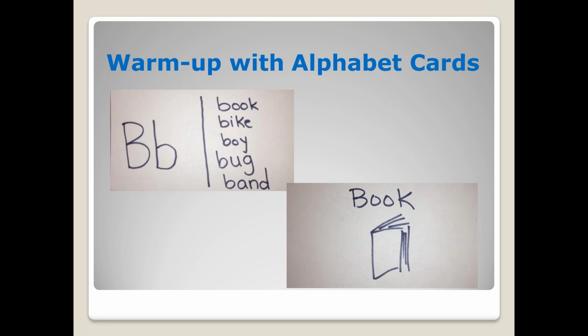I usually just do one letter card a day, and it makes a great warm-up as students are coming in to go through their alphabet cards. And I would say it just like that, B, B, book, and go through them that way.